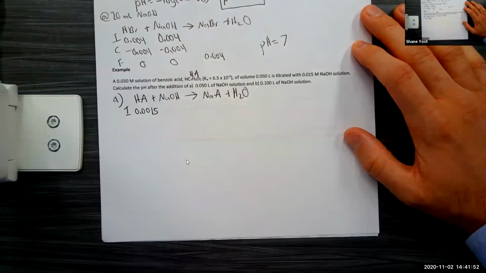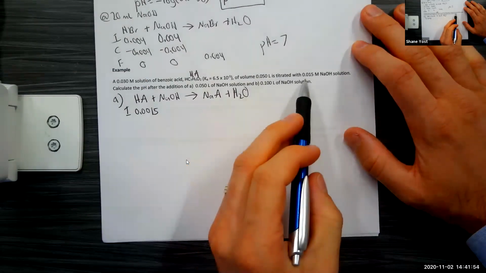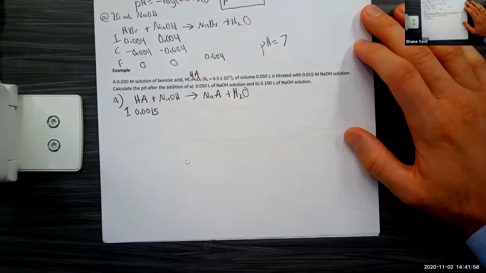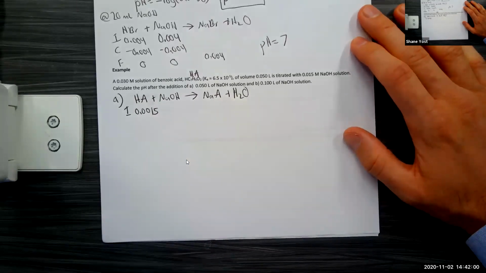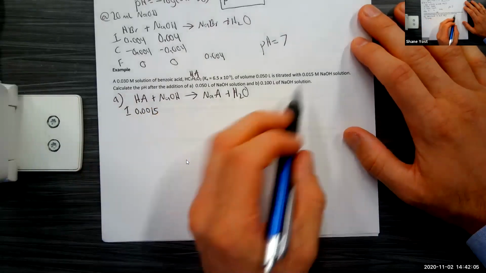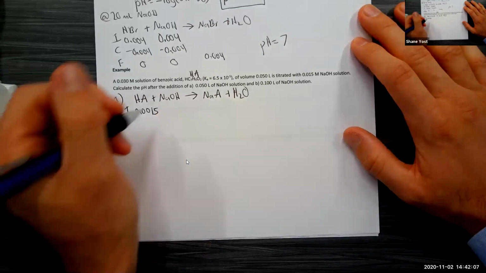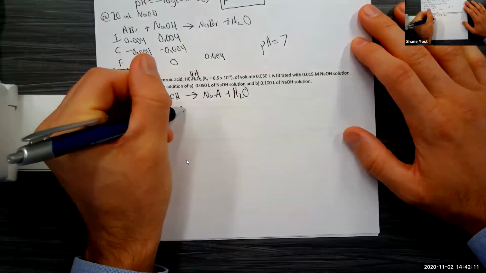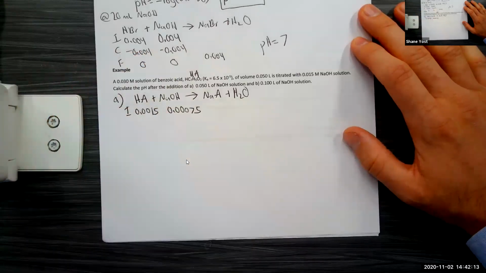And then for sodium hydroxide, I have a concentration of 0.015, and I've added 0.05 liters. So that's going to be 0.05 times 0.015, which is going to be 0.00075, I believe.